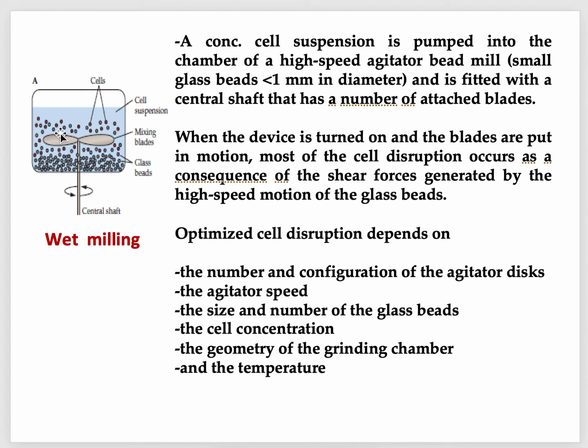When the blades rotate, they also cause the beads to move. The speed at which the beads move depends on the speed of the central shaft. Usually high speed is used, so the glass beads move very fast, and this causes great shear forces. This shear force causes the disruption of the cells.